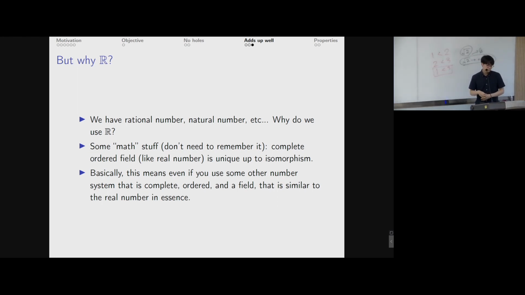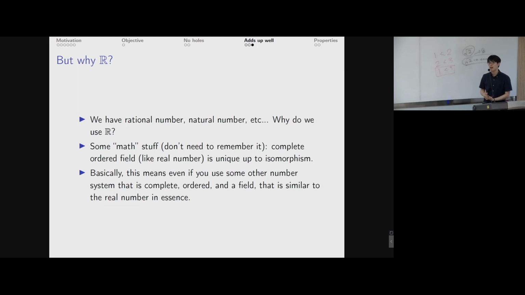So in a math theorem, what we can actually prove is that a complete ordered field, and one example of a complete ordered field is the real numbers, right? Remember, completeness is the least upper bound property, and R was ordered and it was a field. So a number system that is a complete ordered field, like the real numbers, is unique up to isomorphism. You might be amused by this term isomorphism.